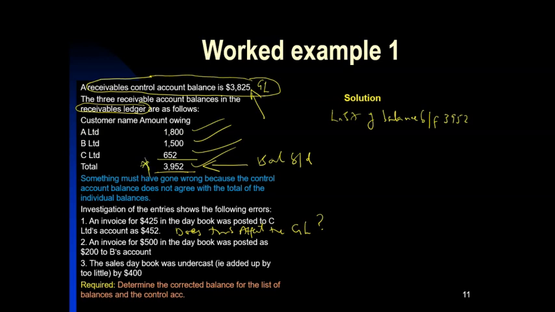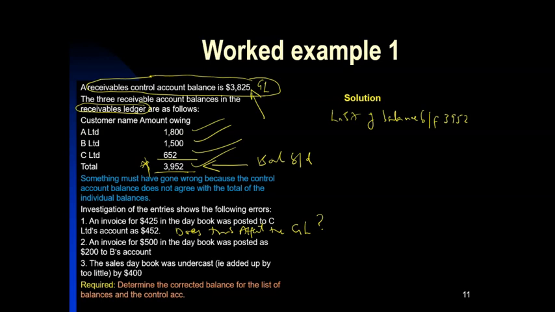And then we are told in item 1 here that an invoice for 425 in the day book was posted to C Limited account as 452. So there was actually a transposition error, and the invoice was overcharged when it was being extracted to the memoranda account. But remember, this does not affect the general ledger anyway.